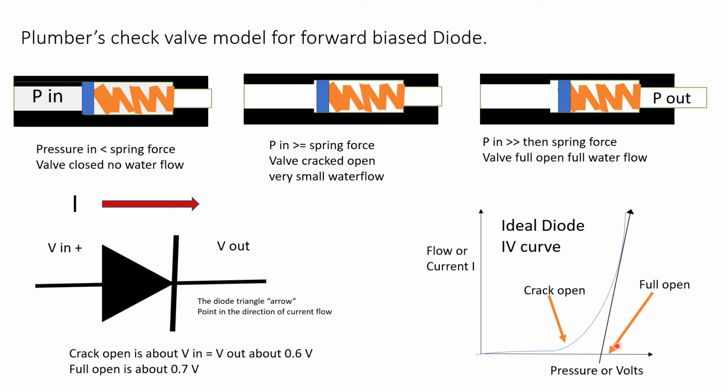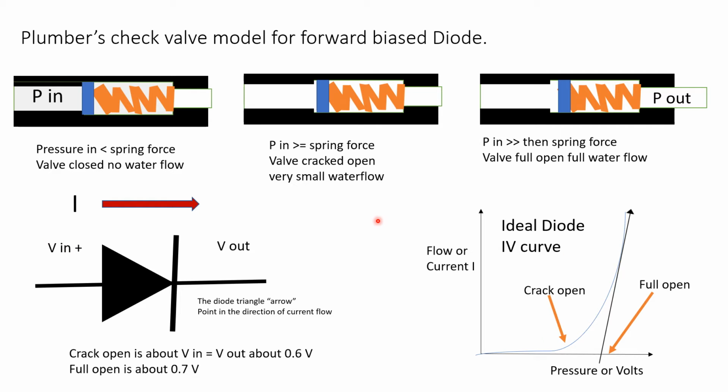Okay, now in my ideal diode curve, we could use the same curve for representing these three conditions of water pressure flow. We have a crack open pressure somewhere in this area. We have a full open pressure in this area. And the curve would look like start to flow, increase flow, and then we get a steady state flow out.